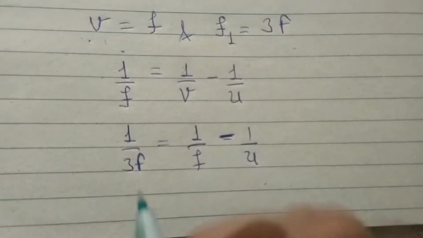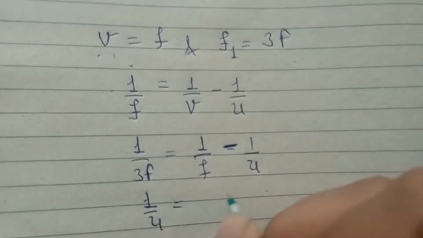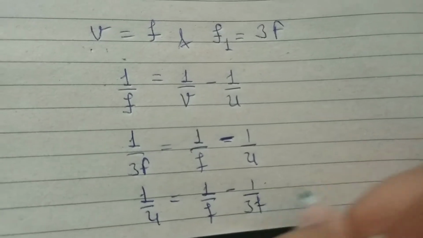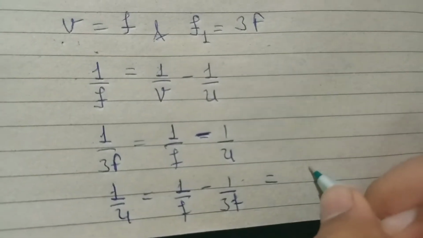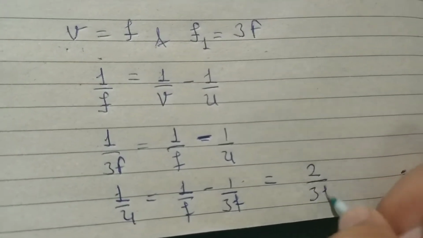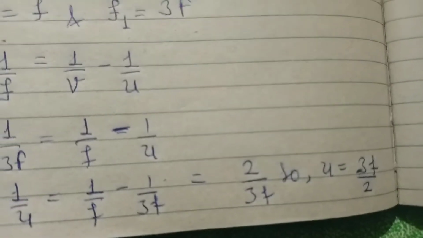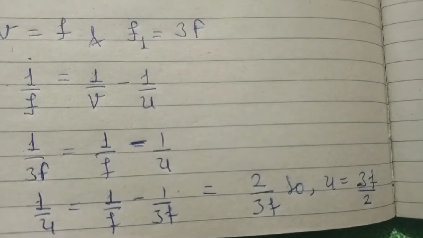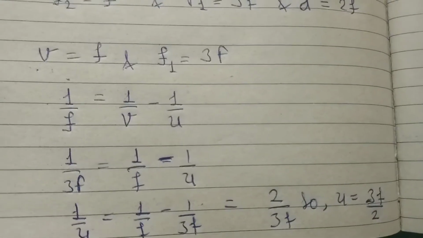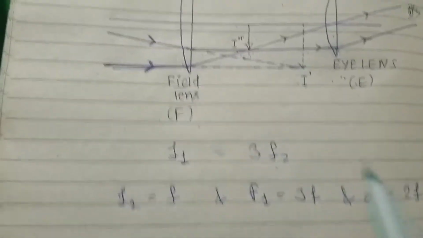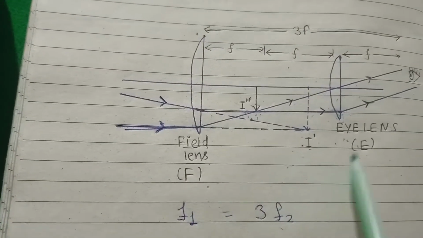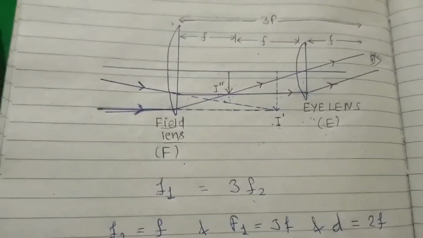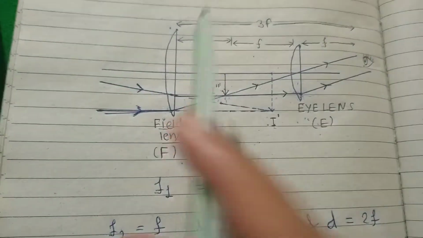So by this equation we will calculate u. 1 by u is equal to 1 by f minus 1 upon 3f, that is equal to 2 upon 3f. So u is equal to 3f by 2, that is the distance of the object from the field lens should be 3f by 2. And here in this combination, I dash is acting as a virtual object, so the distance of I dash should be 3f by 2 from the field lens.